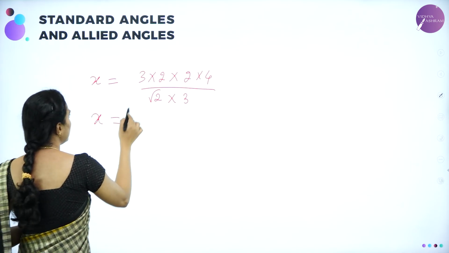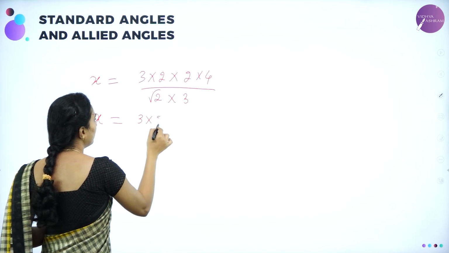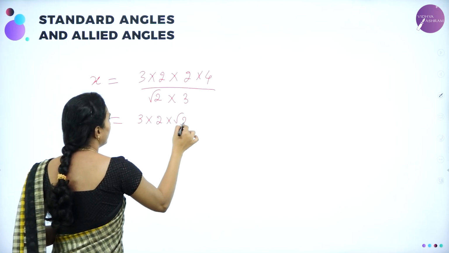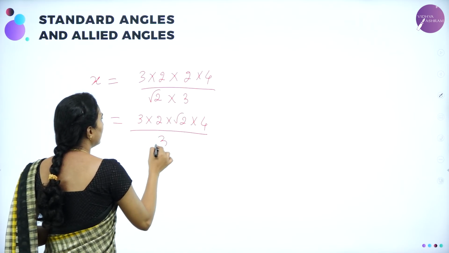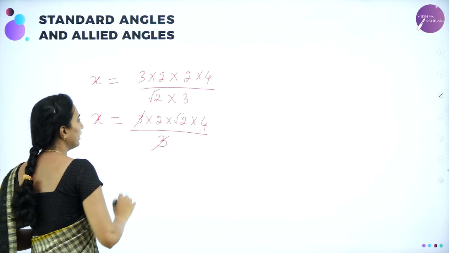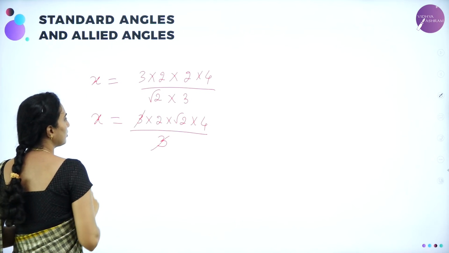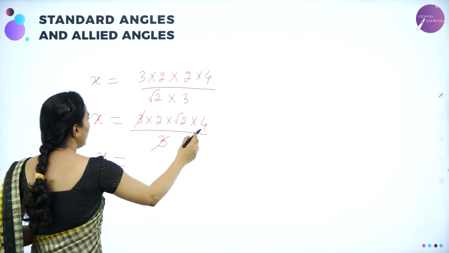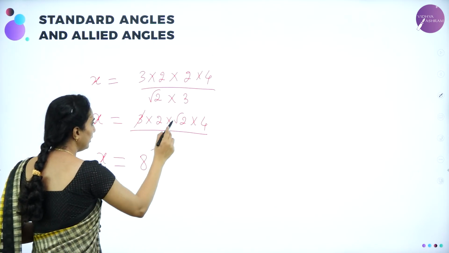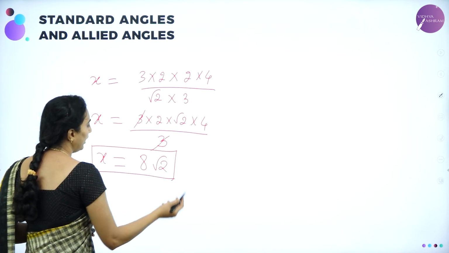Remaining is x equal to 3 into 2 into root 2 into 4, divided by 3. Now here 3 also will get cancelled, and root 2 also will get cancelled. So x will be equal to 4 into 2, which is nothing but 8, into root 2. So the answer for x is nothing but 8 root 2.